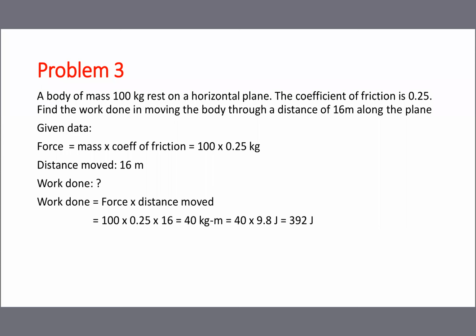So you see the given data. Force is equal to mass into coefficient of friction. Mass value 100, friction value 0.25. If friction is given, the force depends upon the friction. If friction is not given, how much force is required? 100 kg. If friction data is given, 100 kg is not required, because the friction value tells us the flow is very smooth. 0.25 friction means a very smooth flow.